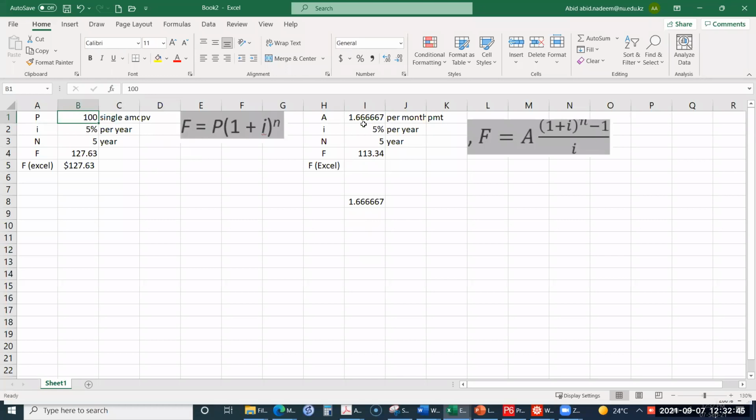But if you deposit 1.667, the total deposited in 5 years is the same, but you will get only $113.34. But anyway, it depends on your situation as well, because maybe you don't have $100 now. This is a big amount, but you may be able to afford this much amount.